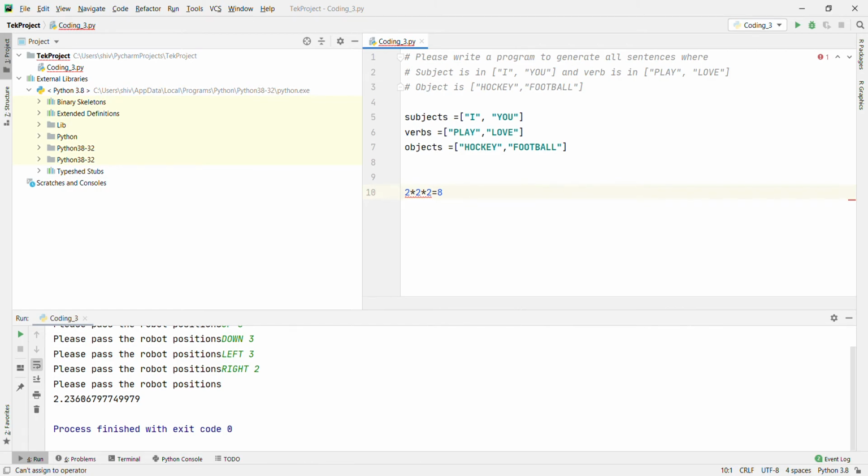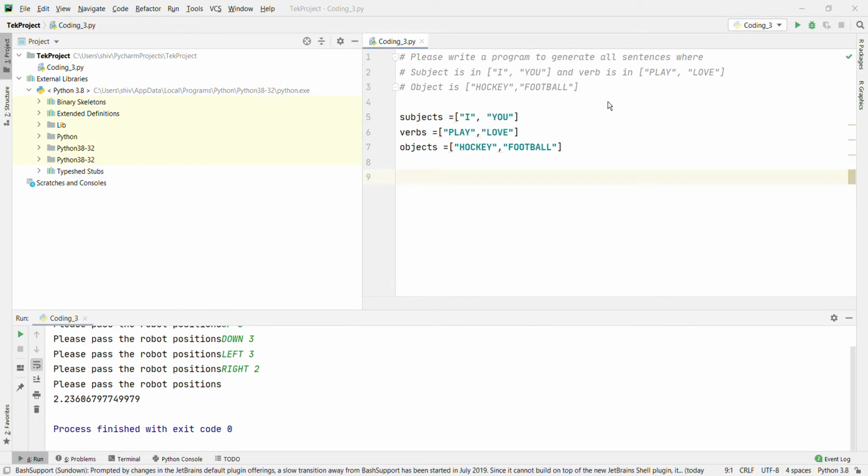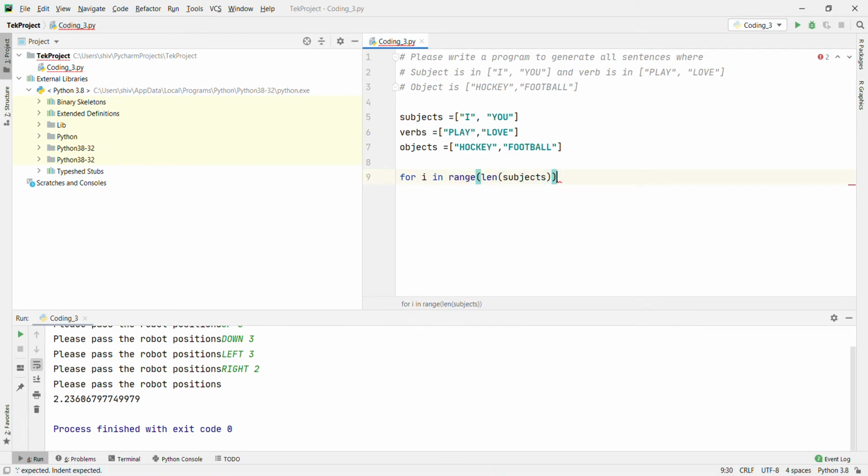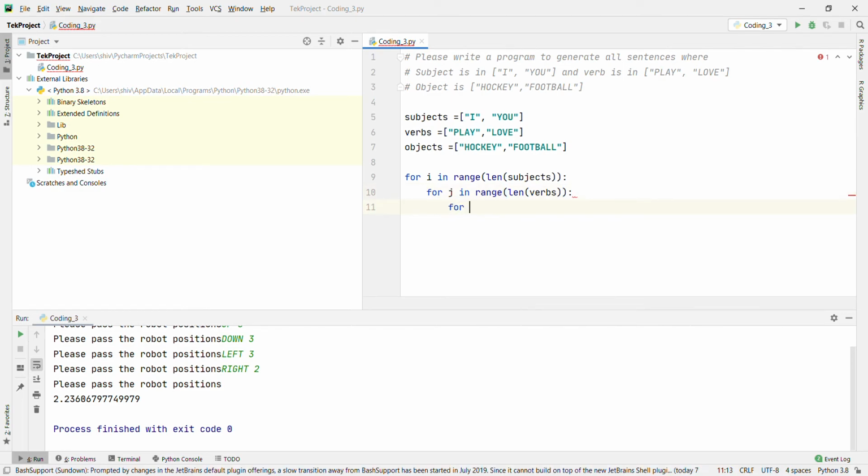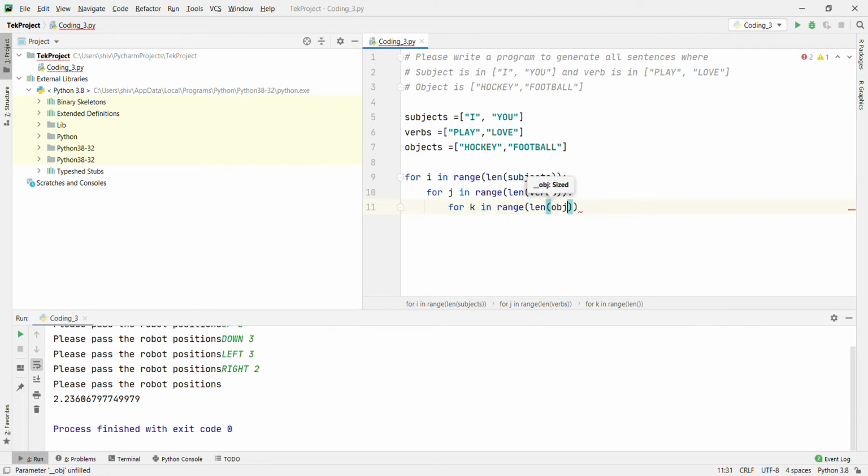Let's go with the program. Now we are going to use a for loop: i in range of length of subjects. The length of subjects is 0 and 1, basically 2. Then for j in range length of verbs, that is also 2. Now k in range of length of objects, that is also 2.